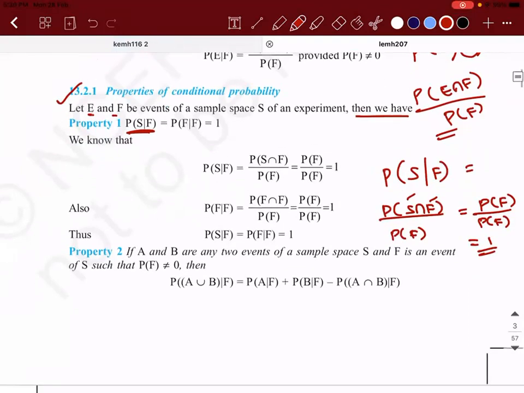So though it is mathematical, I hope you understand what I'm trying to say. The probability that an event from the sample space is going to occur, knowing that a part of it from the smaller set has already occurred, is 1. It means it's a sure event, 100% probability. That is the meaning of it.